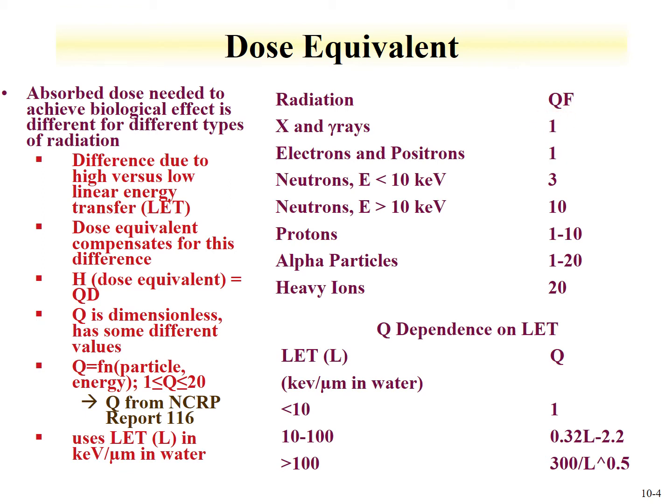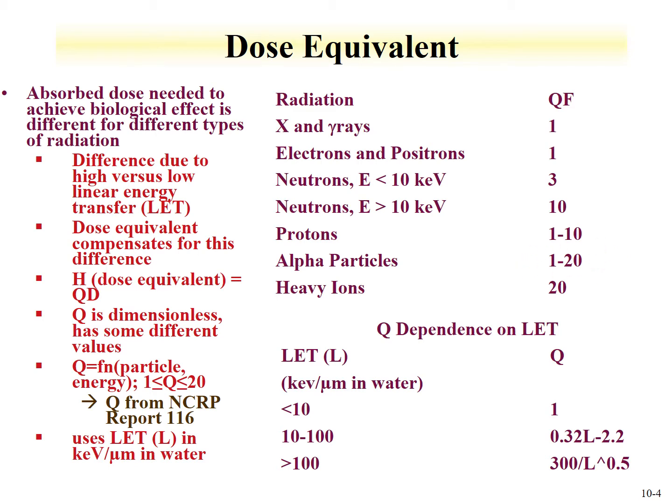So what we would see for the gray would be the unit for the sievert, the rad for the rem. Electrons and positrons are 1. Neutrons are somewhat dependent upon the energy. Protons and alpha particles vary from 1 to 20. For conservative measurements, we'll just use 20 for alpha particles.